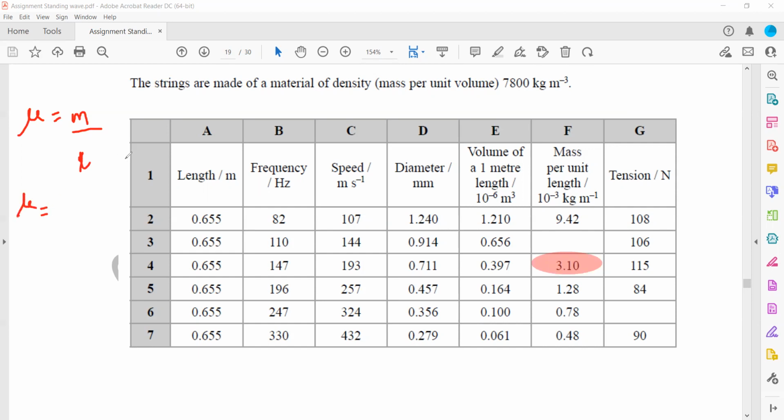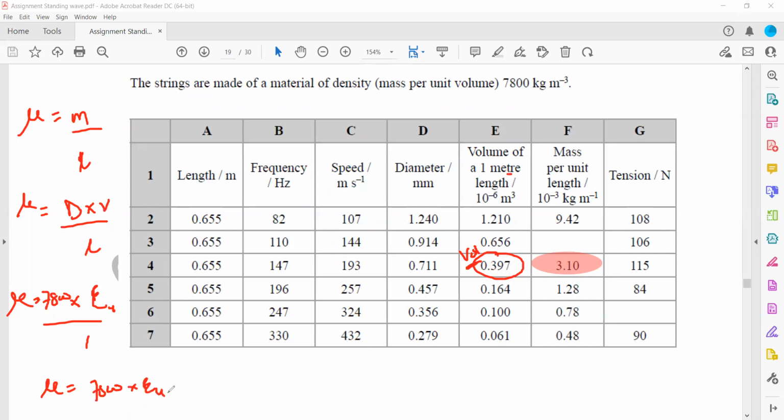We know the density multiplied by volume and divided by length. This is a volume of 1 meter length. So this column is giving us the volume, and this cell is representing E4. Multiplied by density, which is 7,800, divided by length, because that is the length of 1 meter. That's why it is divided by 1. So mu is equal to 7,800 multiplied by E4. Clear?